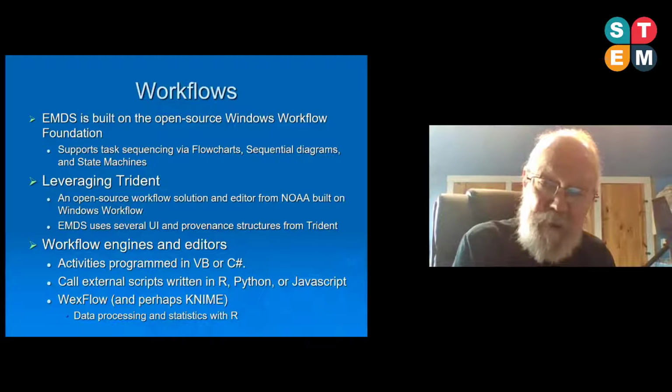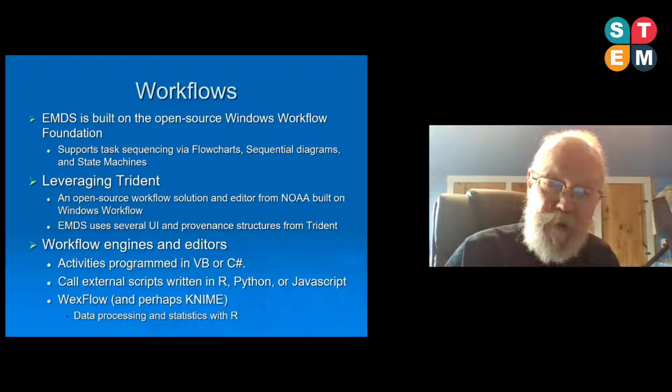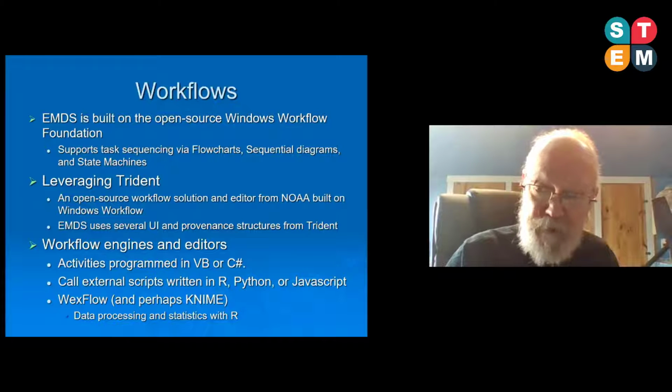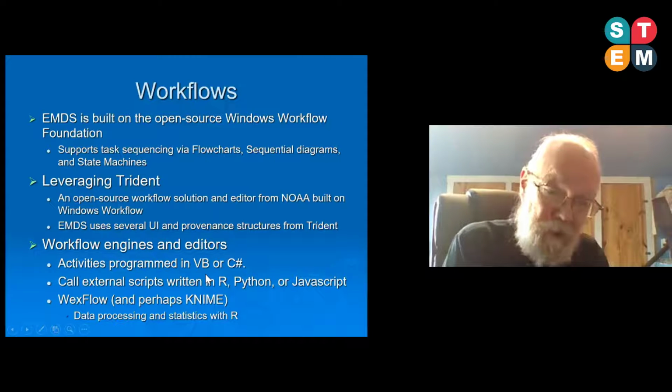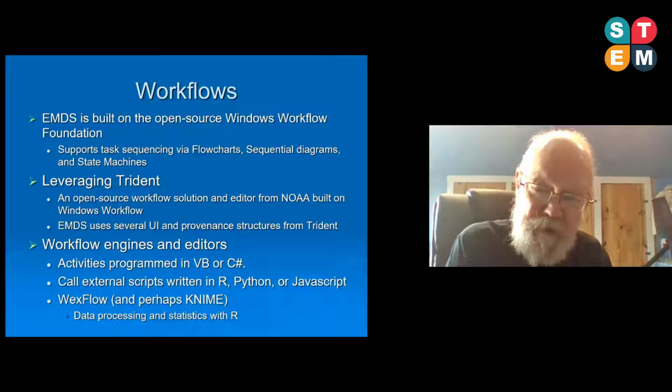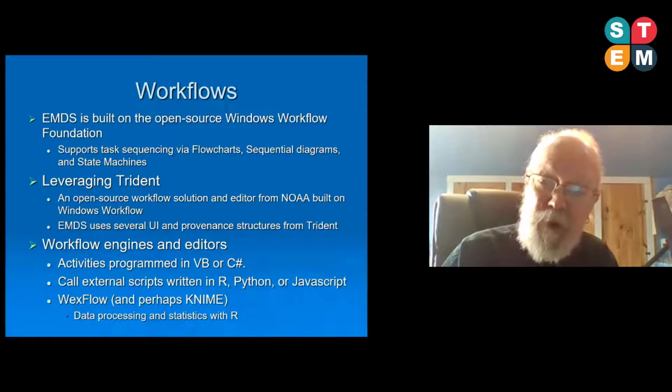EMDS itself is built on the open source Windows Workflow Foundation. This basically supports task sequencing of analytical processes through a variety of mechanisms like flowcharts, sequential diagrams, state machines, and so on. We started out by leveraging a system called Trident. This was an open source workflow solution and editor built on the Windows Workflow Foundation, which was originally developed by NOAA, the National Oceanic and Atmospheric Administration, of the US government.